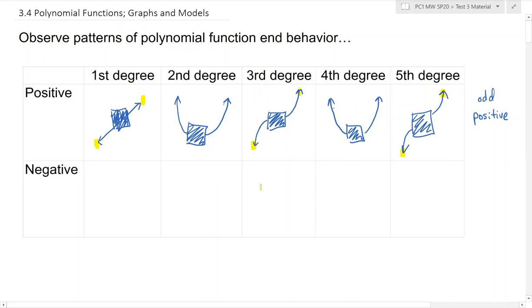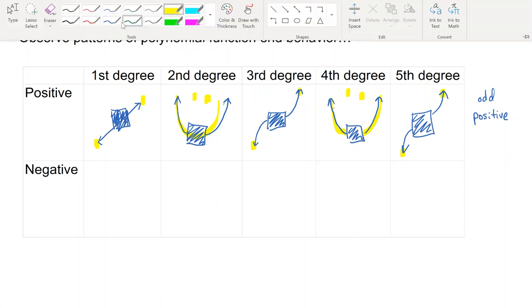As far as the evens go, you're thinking about the happy parabola, right? You've got the happy parabola, there he is, and this one is also a happy parabola. So evens will be going up and up like that if they are positive.